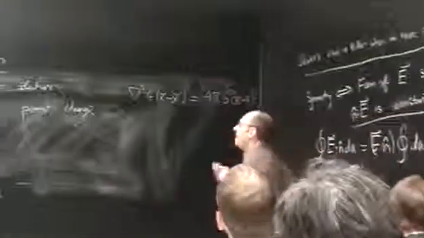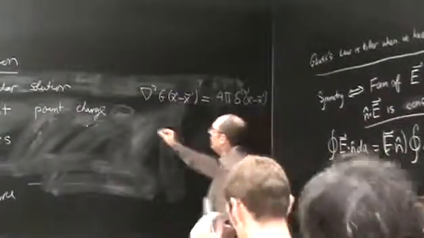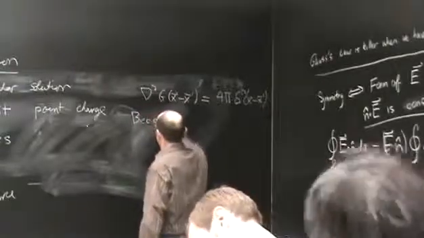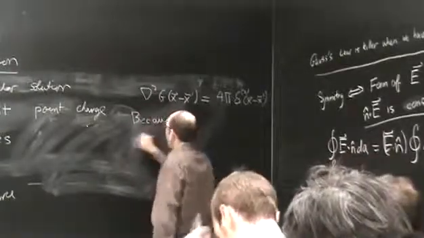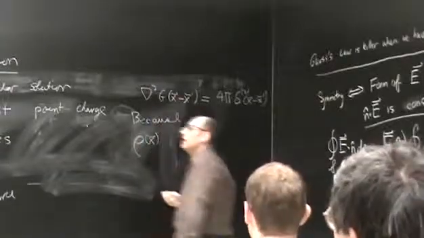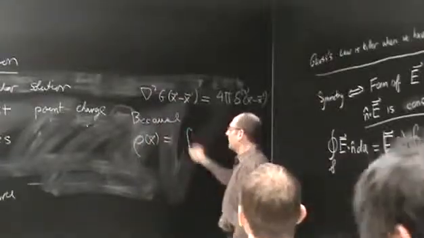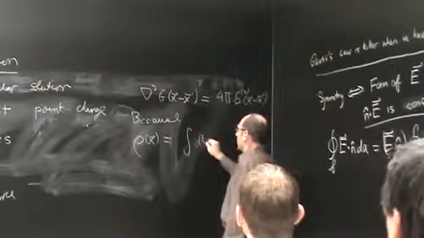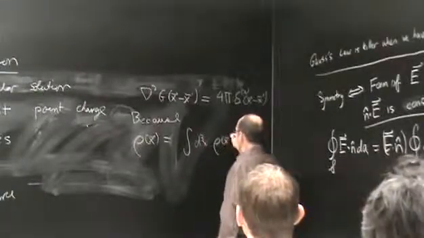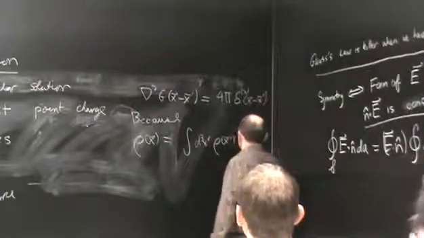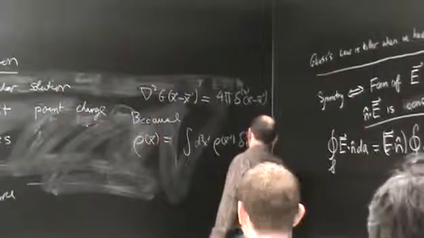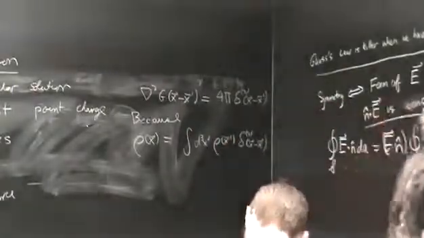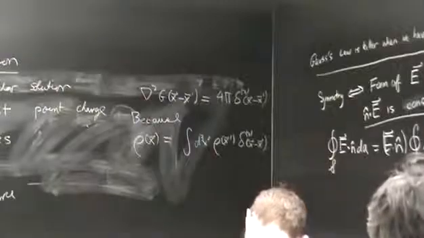And then once we have that solution, I can always write the charge density at x as the strength at the position of the source times the density of the source. That's just a trivial identity of delta functions.